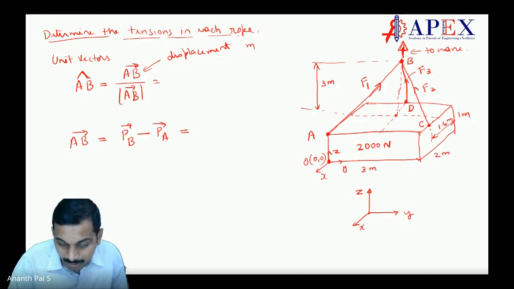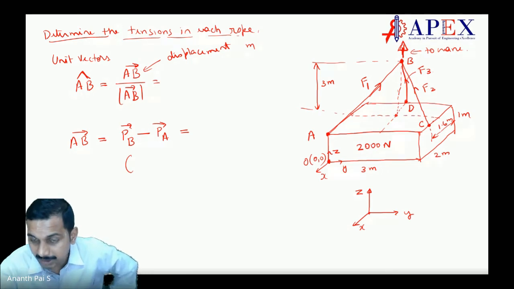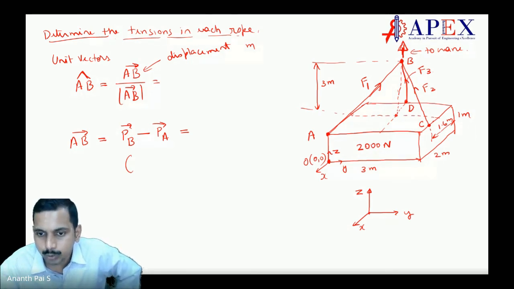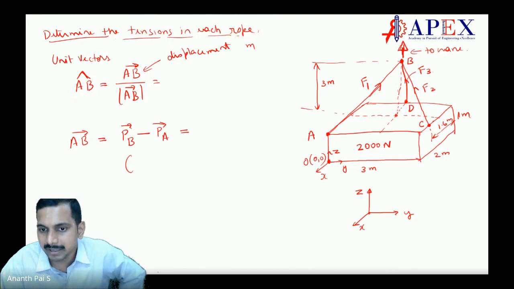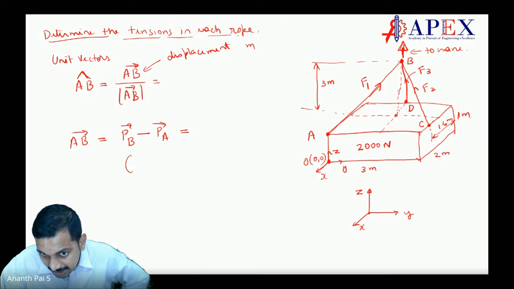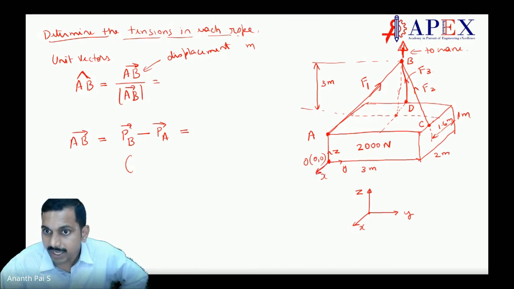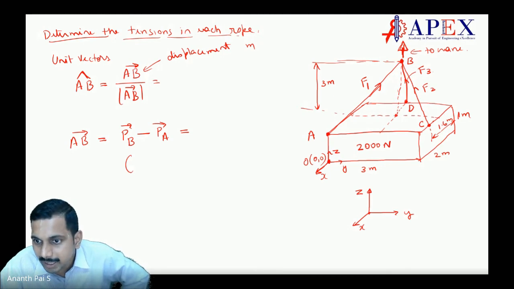If I consider PB, for this B, from here I have to go 1 meter plus 3 meter in the K direction. Let us see the X direction first. X direction is this positive. If I want to reach B, I should move 2 by 2, which is 1 meter.